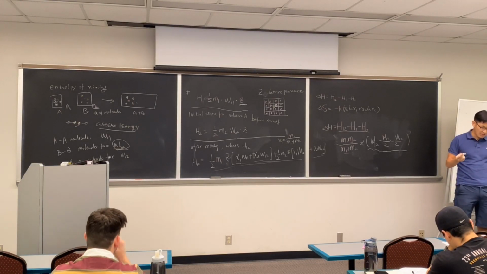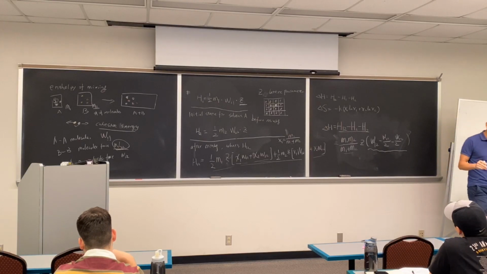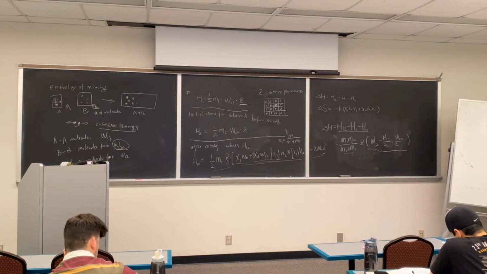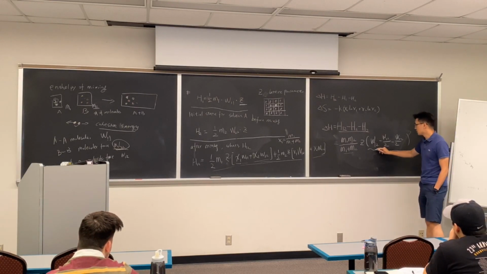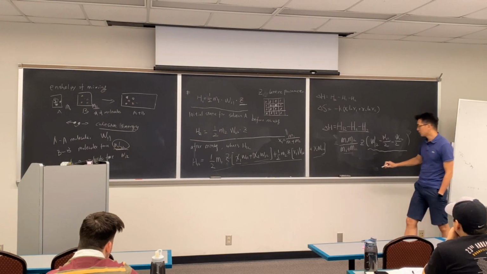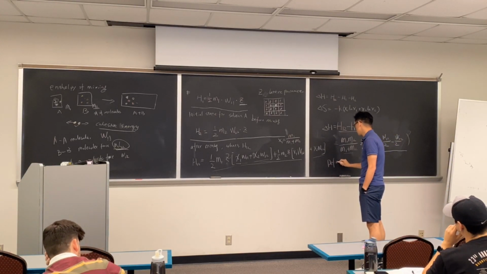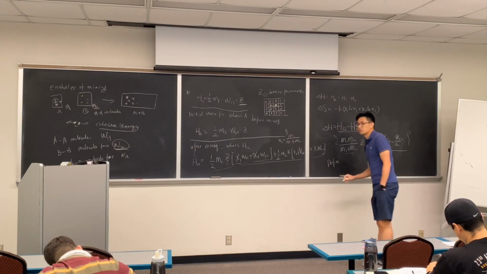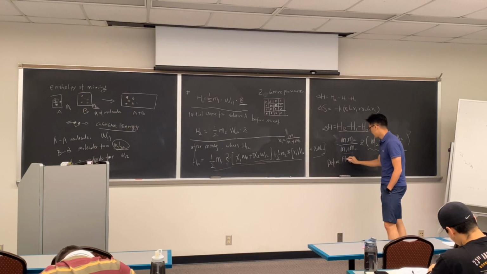So now the enthalpy of mixing can be defined as a very simple term, because this is very hard to memorize and remember. So to make things easy, we can define a new term called the Flory-Huggins parameter. Okay, this is where the Flory-Huggins parameter comes into play.